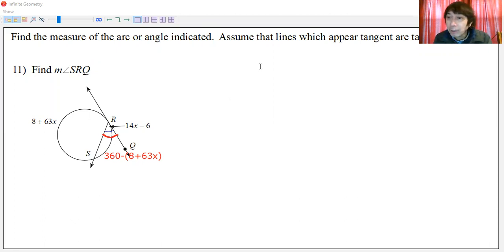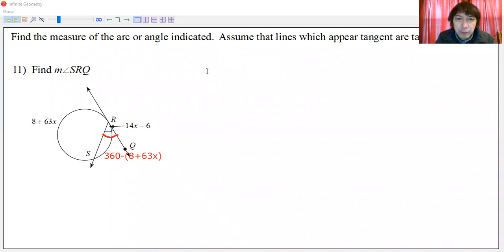to the required angle. So to get the arc related to the angle with 14x minus 6, that is the SRQ, we need to subtract 8 plus 63x from 360. That will be our working equation, and then we still have to divide this by 2. So this is our working equation now.